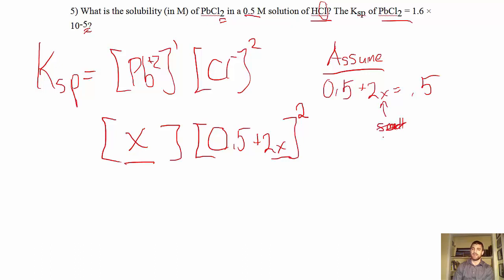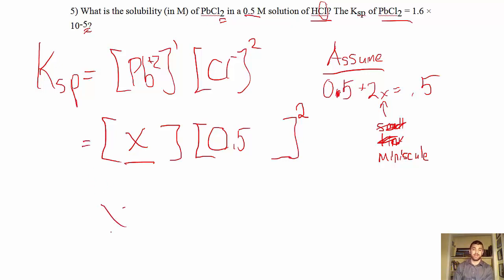No, we're not even going to say that. We're going to say it's tiny. No, we're not even going to say that. It is minuscule, compared to the 0.5. And that's something we can check after we do the math. So we're going to say, you know what, that's going to be so small that it doesn't even make a difference. So now we can pretty easily solve for X.